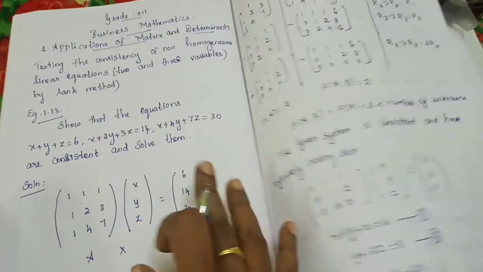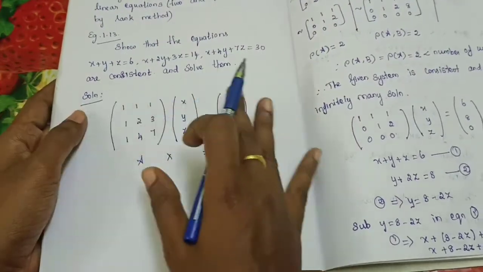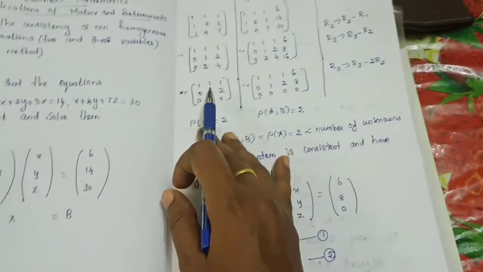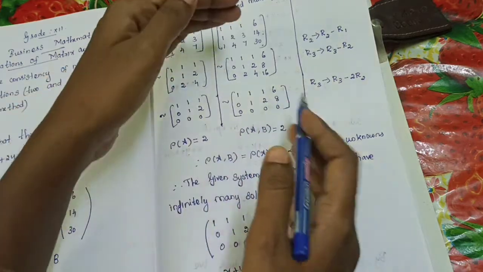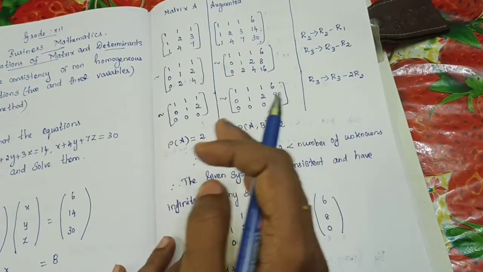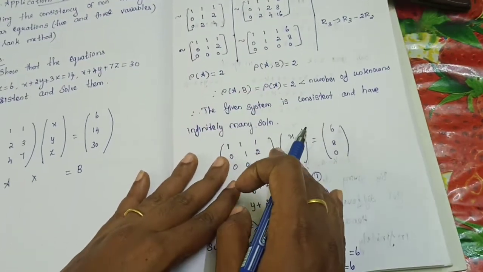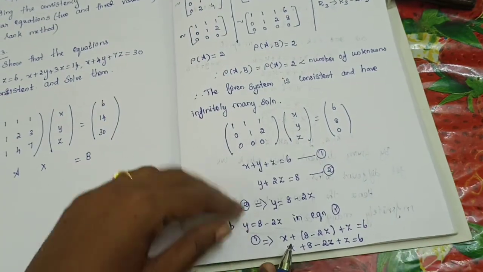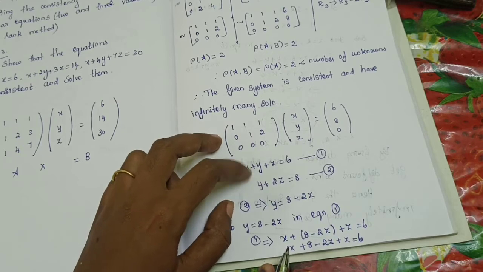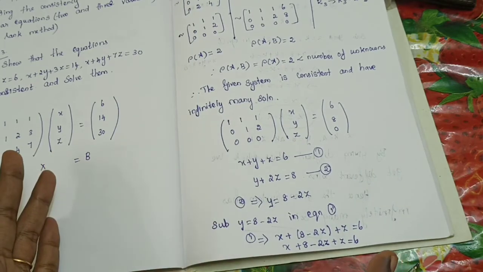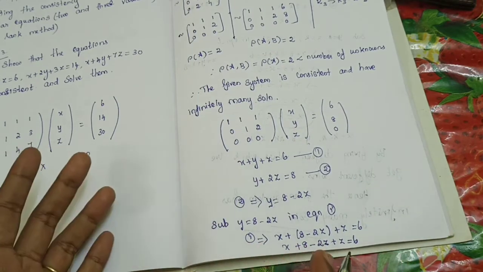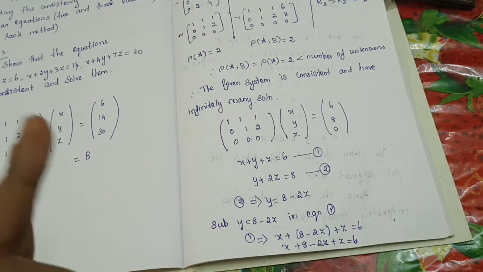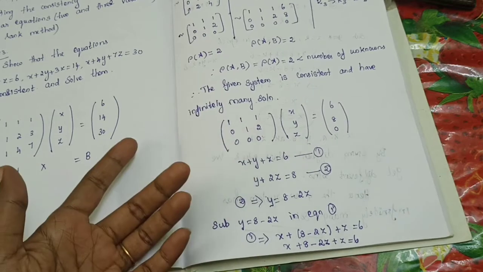Let's recall. So this is example 1.13. How many unknown variables are there? 3 unknown variables are there. You need to change to the echelon form by using linear transformation. Afterwards, rewrite this in the form of Ax equal to b. Only 2 equations we have obtained, the third equation is not there. I said if there are 2 unknown variables, you will get only 1 equation. Here there are 3 unknown variables, but we got only 2 equations.